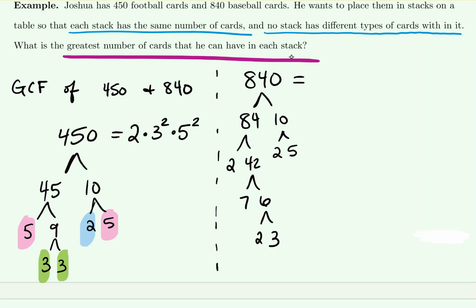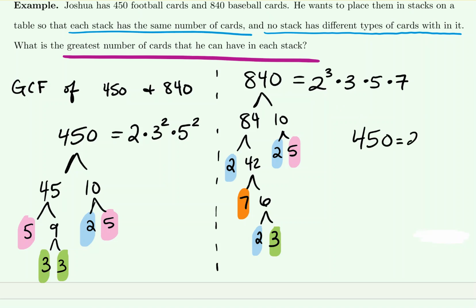So the prime factorization of 840: we see 2 occurs 3 times, so that would be 2 cubed, times 3 occurs 1 time, times 5 occurs once, and then finally 7 occurs once as well. So if I write the prime factorizations near each other just so I can view them, I would get 450 as this.